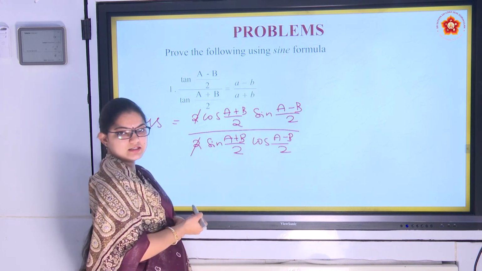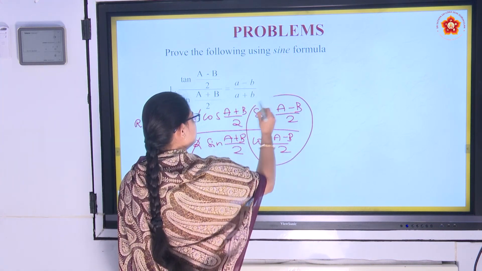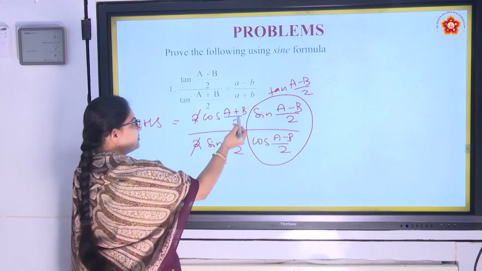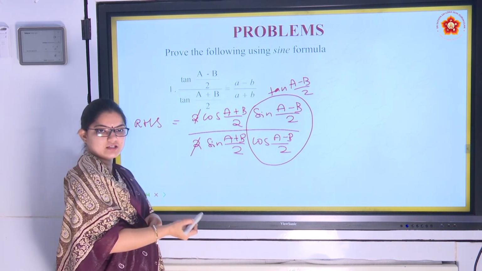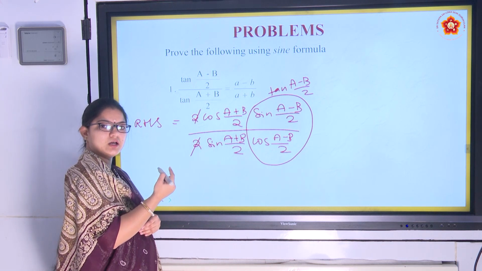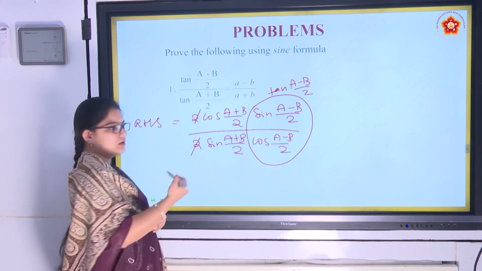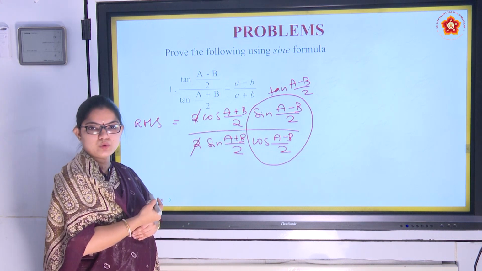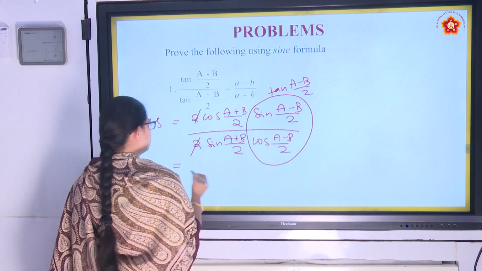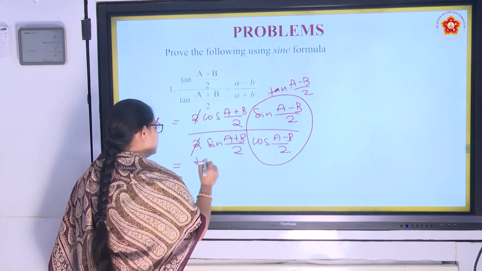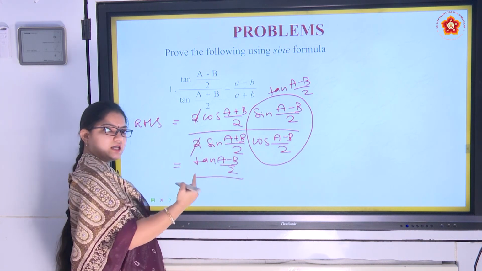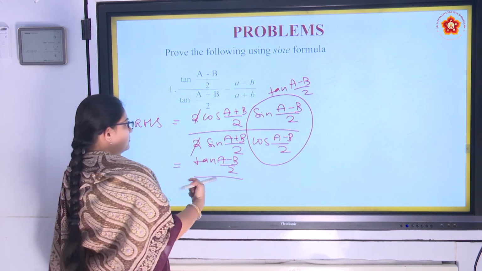Now sin (A minus B)/2 by cos (A minus B)/2, sin by cos, that is tan. So we can write this as tan (A minus B)/2. And cos (A plus B)/2 by sin (A plus B)/2, that is cot (A plus B)/2. But cot is nothing but the reciprocal of tan, that is 1 by tan. So I can write this cot (A plus B)/2 as 1 by tan (A plus B)/2.